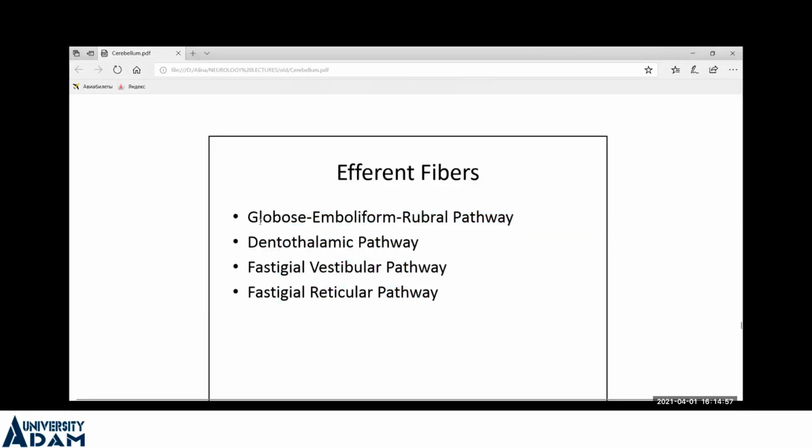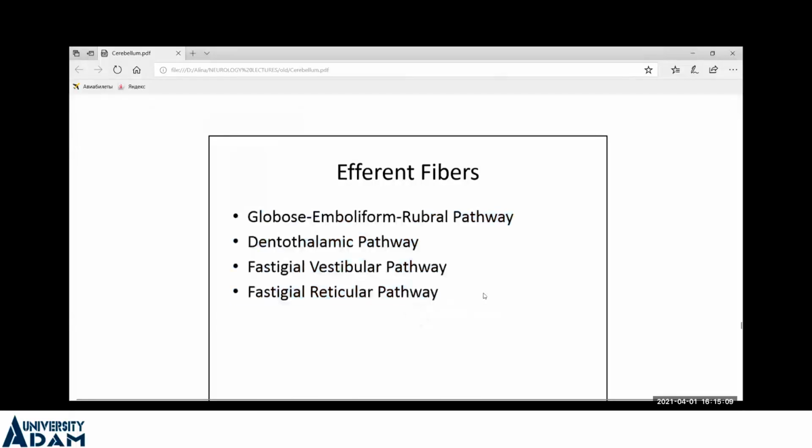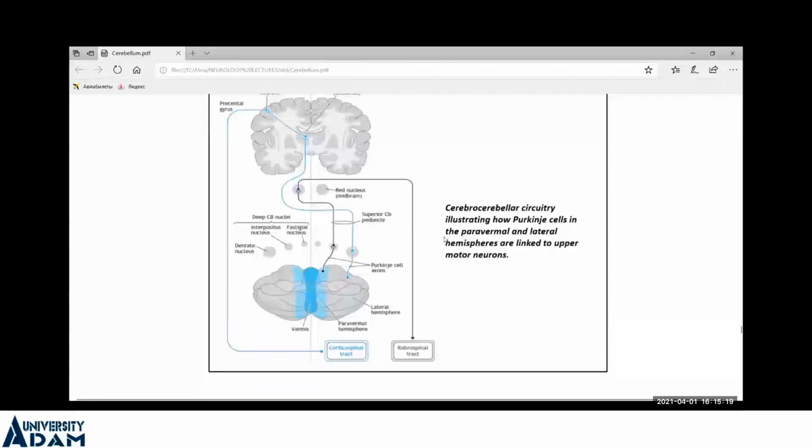What is this, guys? Fastigial. Where did you see these names? Globus, dentate, fastigial. There were special cerebellar nuclei, right? Guys, yes. Are you sleeping?